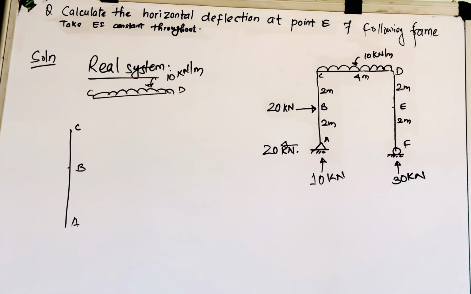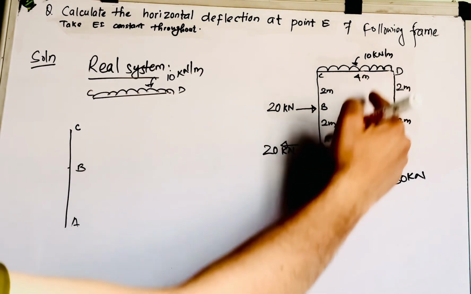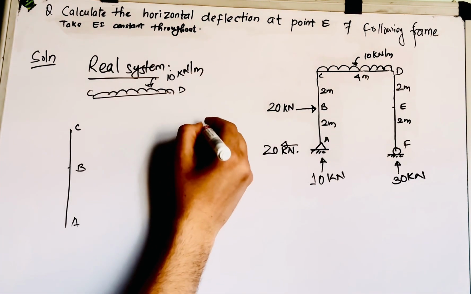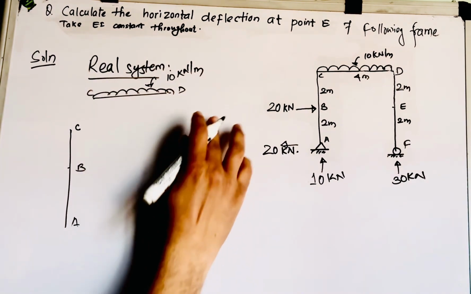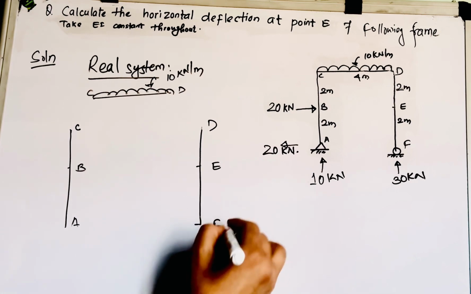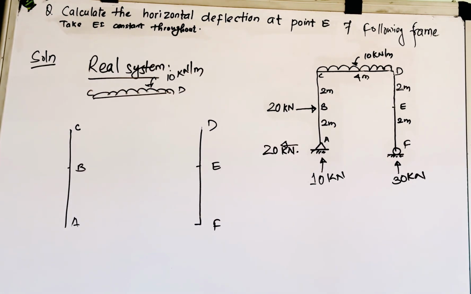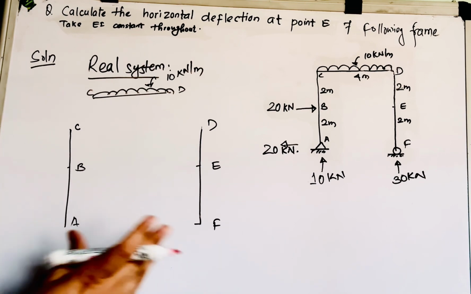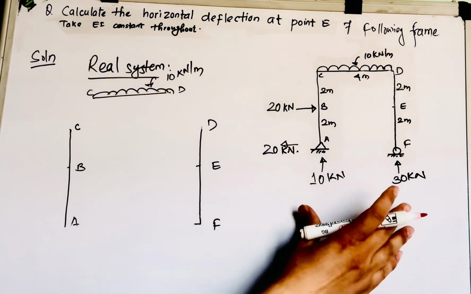Likewise there is the DEF section. Let this be your D, this be your E, this be your F section. Now what you have to write are the external forces and the reactions that you got from this system.